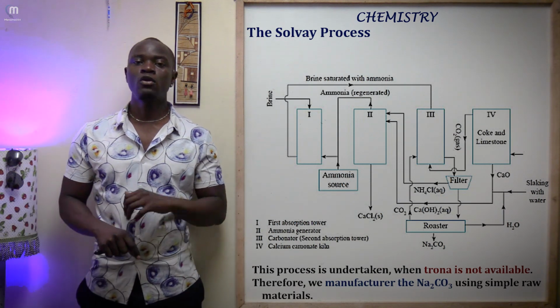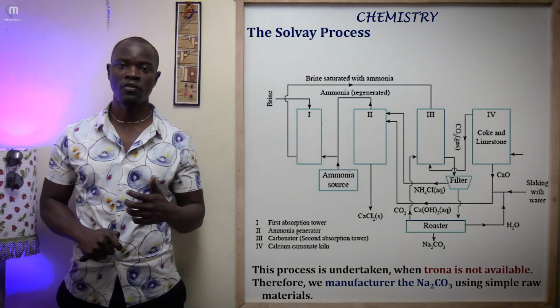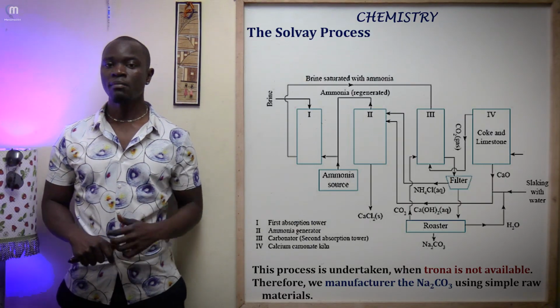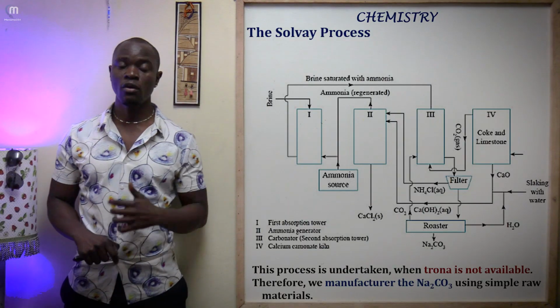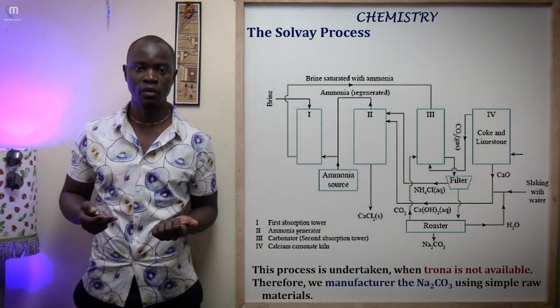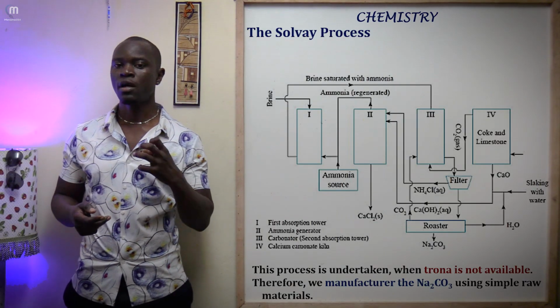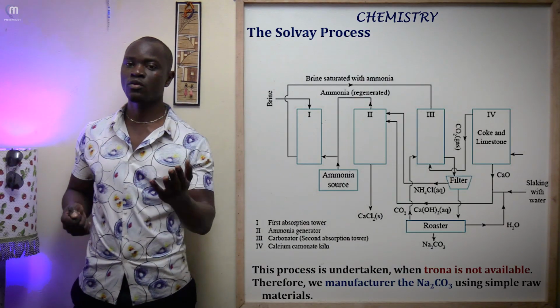So now we go to the second method of obtaining sodium carbonate, which is the Solvay process. Remember, we only undertake the Solvay process when Trona is not available. So maybe in school, or at home, you can manufacture sodium carbonate through the Solvay process.